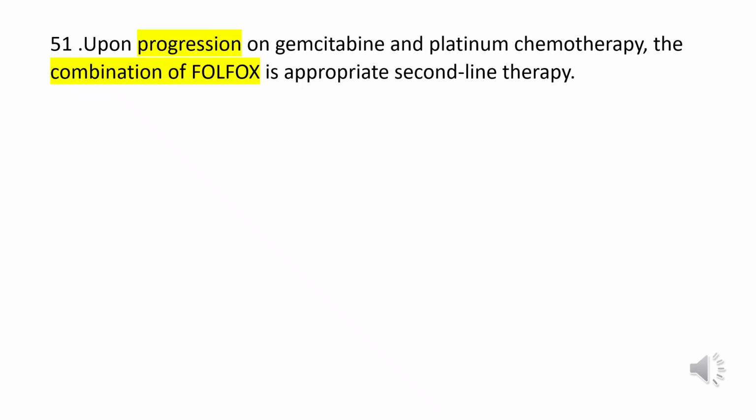So what if I had the patient on gemcitabine and platinum-based chemotherapy and then the patient still had progression of the disease? At that time we should consider second-line therapy, which is FOLFOX. So upon progression on gemcitabine and platinum chemotherapy, the combination of FOLFOX is appropriate second-line therapy.